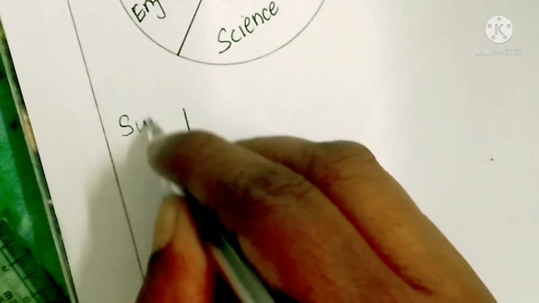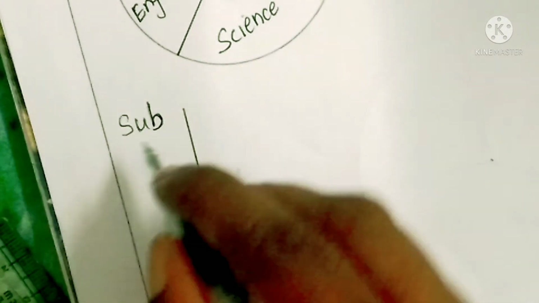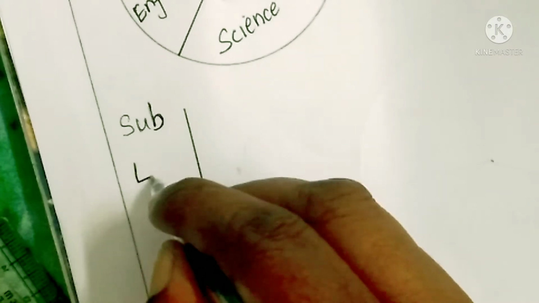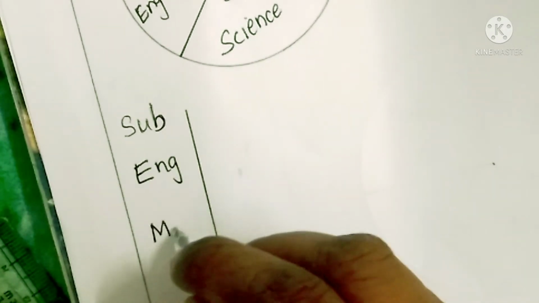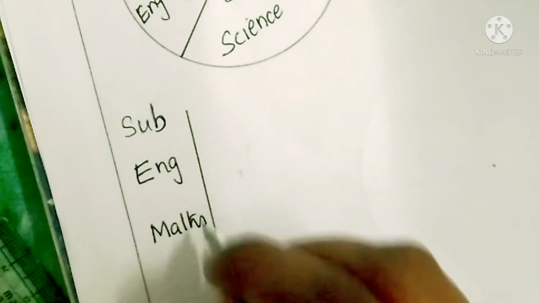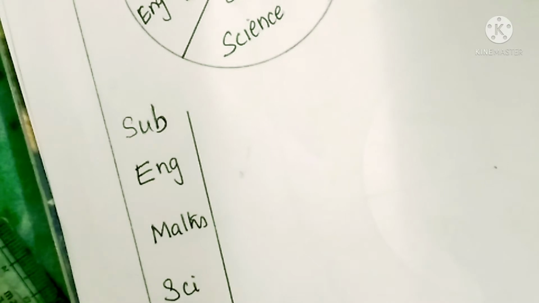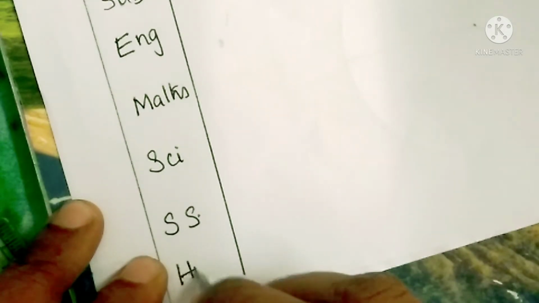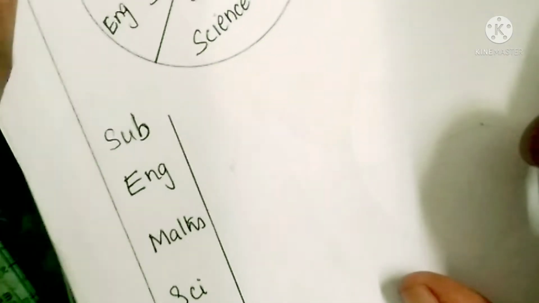subjects and the central angle. So the subjects are English, Maths, Science, Social Science and Hindi. Okay. Now what are the central angles given here?